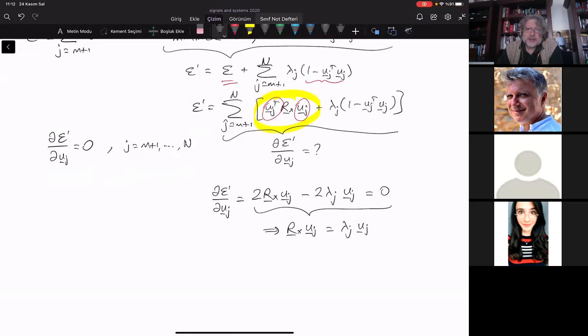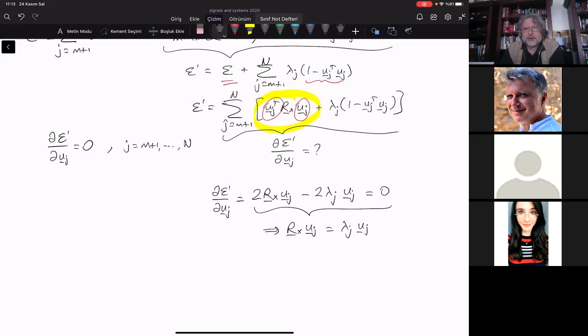A student who is not aware of vector calculus may say that we can cancel out the uj's and that gives Rx equal to lambda j, which is of course incorrect because Rx is an n by n matrix and lambda j is a scalar. So they are certainly not equal to one another.